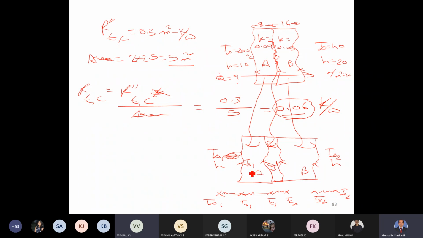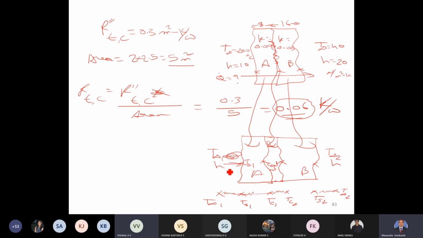So let us start with the left side. We know the heat transfer from the fluid to the wall surface, and we know the heat transfer coefficient. Heat is transferred by convection, so from here to here we can evaluate the heat transfer using convection and the temperature difference T infinity 1 minus TS1.